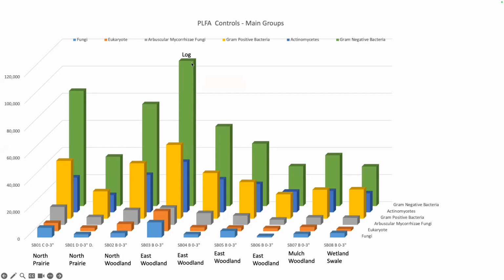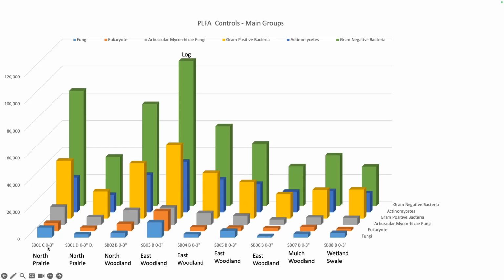The one here at the very center was the one collected underneath the log. We knew that was biased, and almost every one of the parameters is high. But then it dropped off when we get down here. We called it the wetland swale. There wasn't any wet. Number 8, the area with the sedges and the grasses, is pretty low.